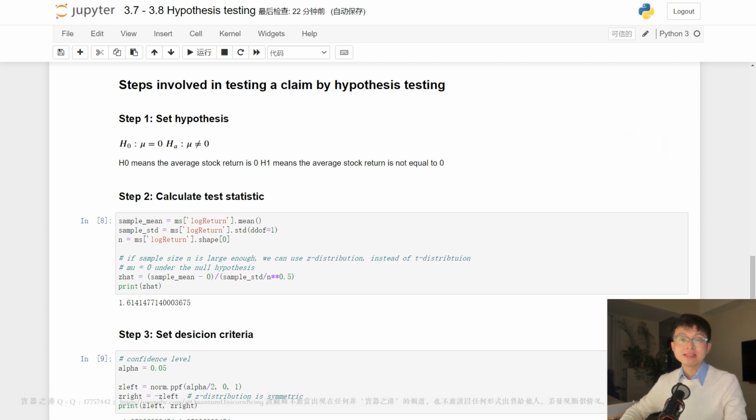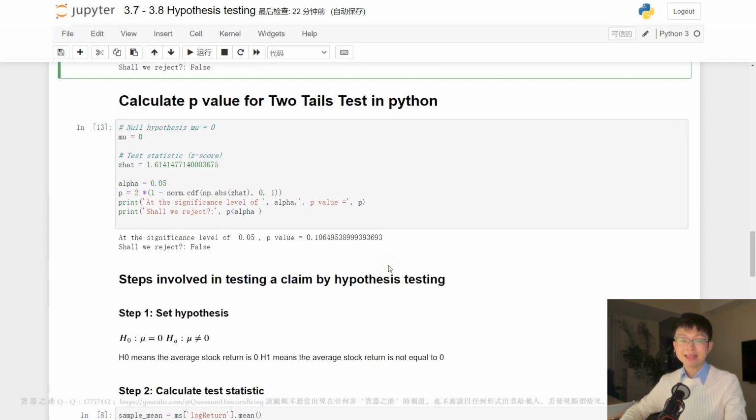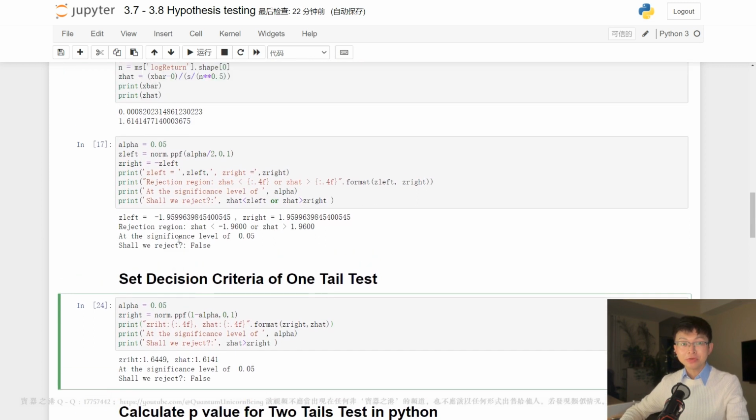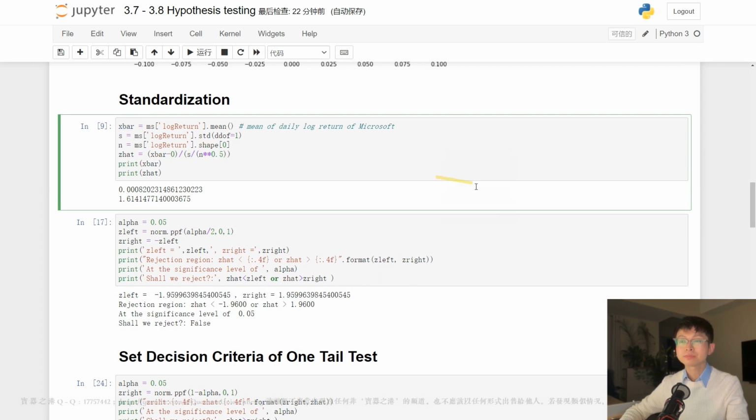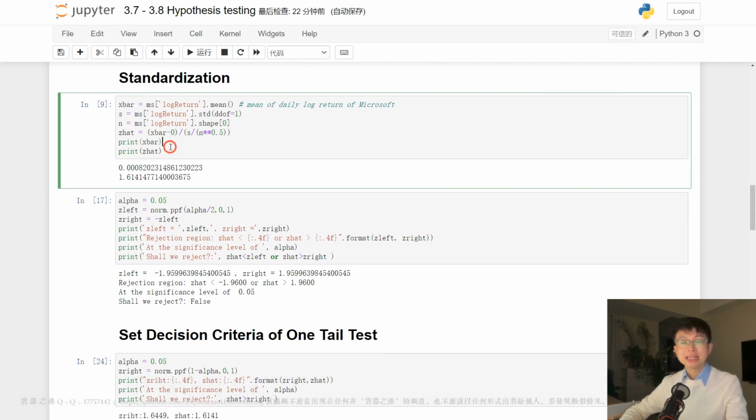Intuitively, given that the null hypothesis is correct, the difference between the sample statistic denoted by x bar and the population parameter mu cannot be very large. If the difference is significantly large, the null hypothesis should be rejected, and we should accept the alternative hypothesis.